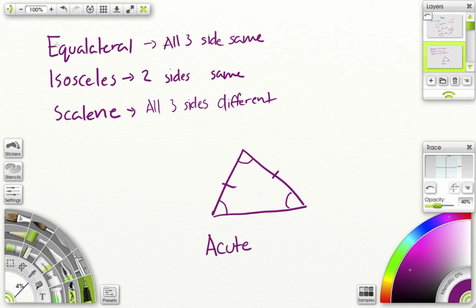And then we have to figure out what label to give it from one of these three. Is it an equilateral? Nope. This side is different from these two. Is it a scalene? Nope, because two sides are the same because of those ticks right there. So that means it's an isosceles. So we call this triangle an acute isosceles triangle.